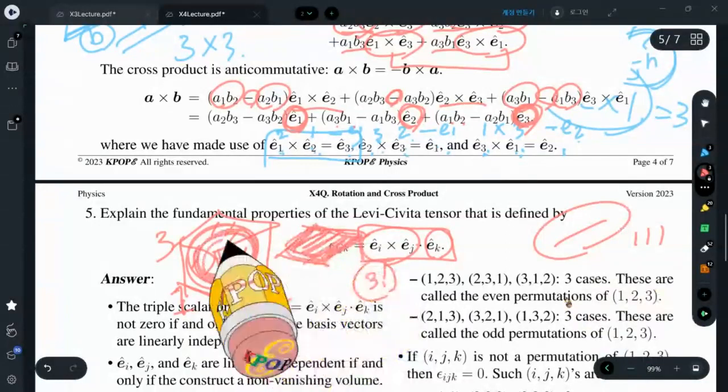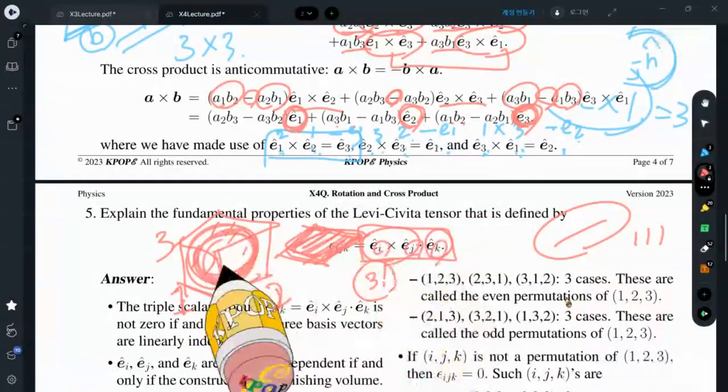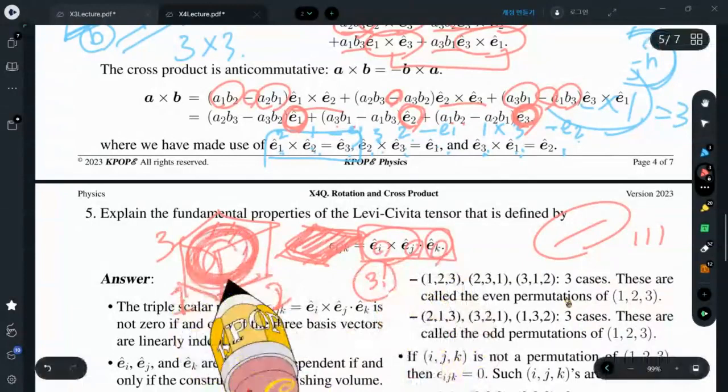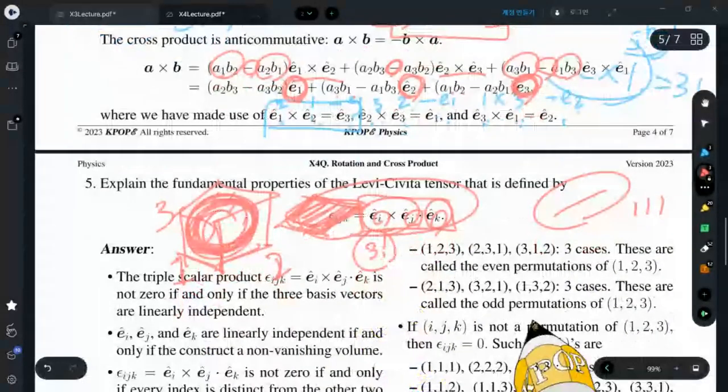Only if all of these indices are different can we make a non-vanishing volume. Volume survives only if these 3 indices are different.